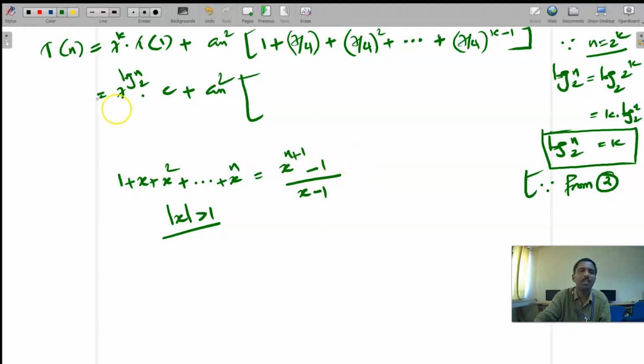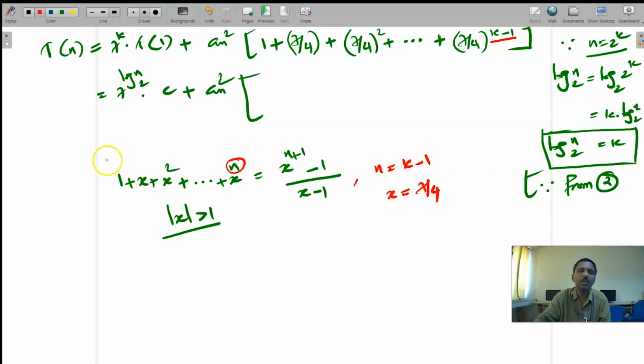So the relationship between this geometric series and our expression 1 plus 7 by 4 plus 7 by 4 whole square plus etc. 7 by 4 whole power k minus 1: that k minus 1 is equal to the value n. So the relationship is n is equal to k minus 1. And what is x? x is 7 by 4.